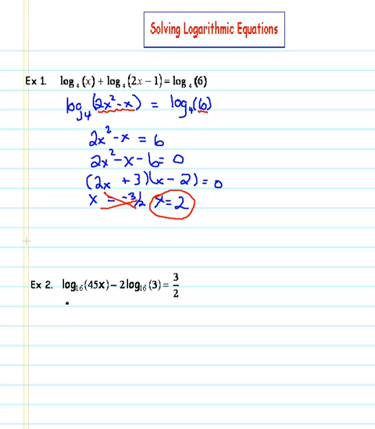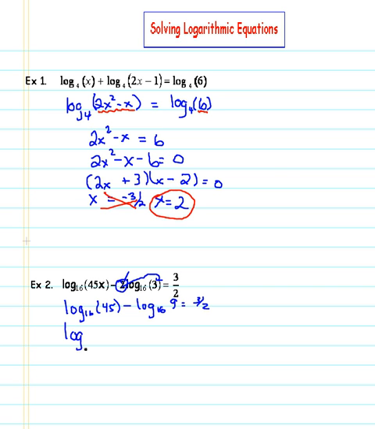We are, however, going to continue the idea of using our properties of logarithms, one of which says that this 2 can be written as an exponent on the 3, so that we have the log base 16 of 45x minus the log base 16 of 3 squared, or 9, equals 3 halves. And then as we did in our previous example, that one happened to be adding and we multiplied. This is a subtraction, so we'll be dividing.